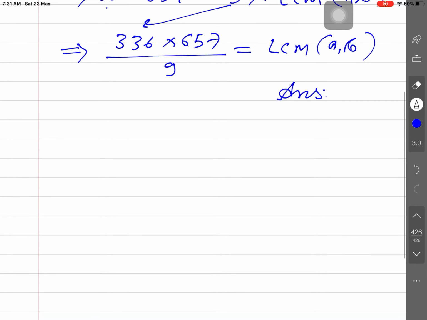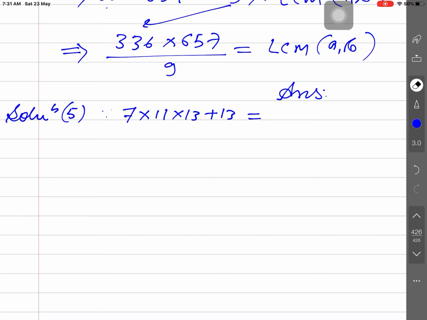Solution: we have to prove whether 7 into 11 into 13 plus 13 is a composite number or not.